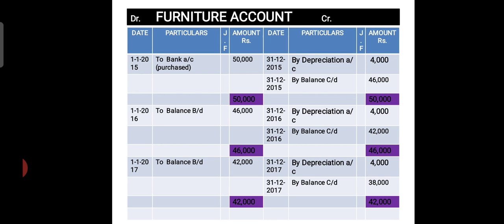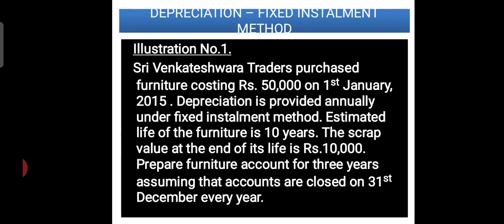So here on the debit side, in the date column, the date when we purchase the asset should be considered. In the problem the asset is purchased on 1st January 2015.